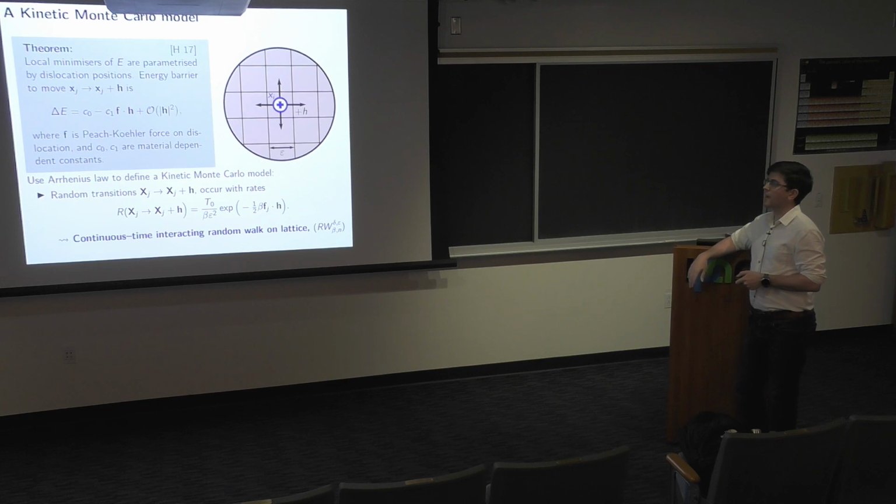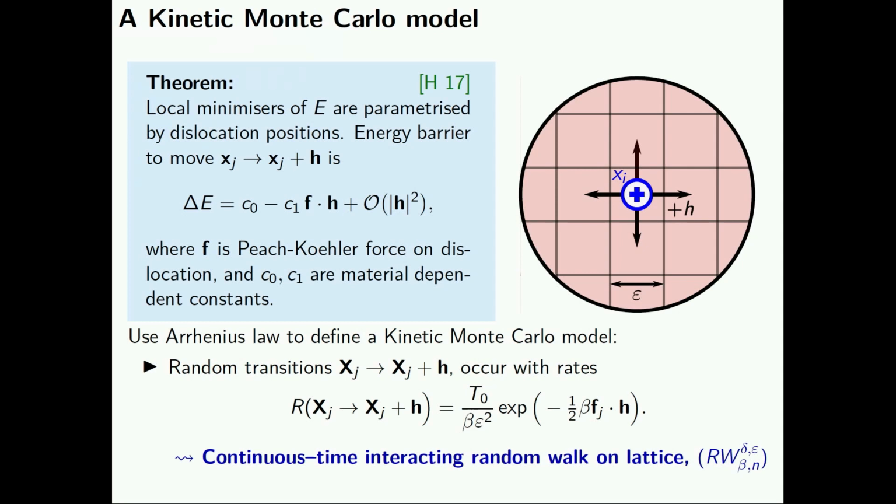What I mean, I can't remember if I've spelled this out very explicitly. So this F here, secretly F is a function of all the dislocation positions. The Peach-Koehler force is something that comes from the stress field acting in the material at where the dislocation is. That stress field is induced by the positions of all the dislocations and any external forces you would apply.